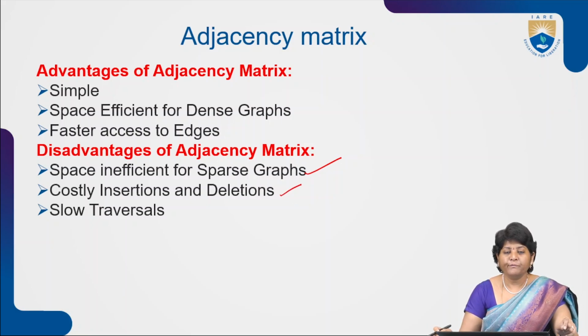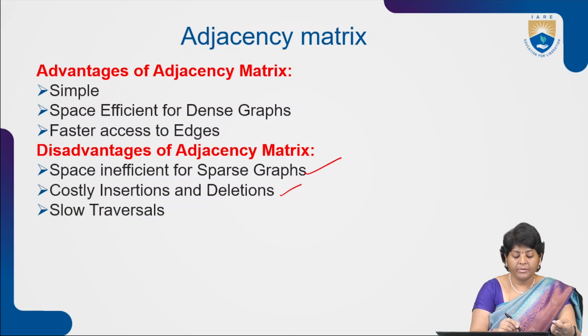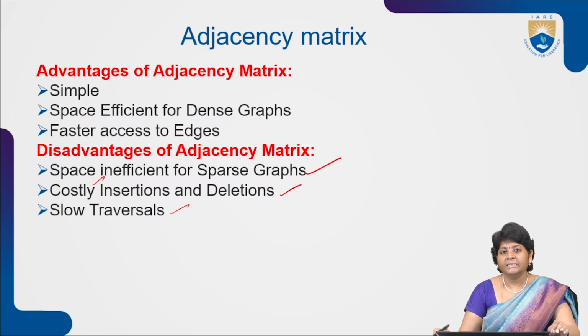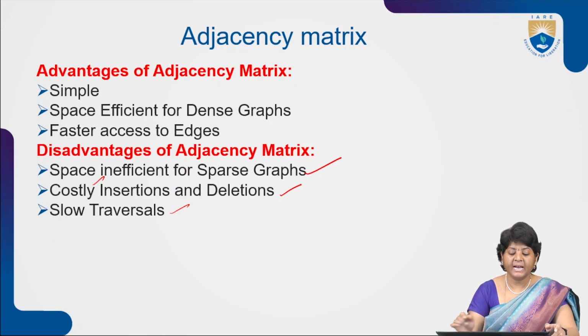Whenever we want to delete an edge or establish a connection, it will cost more. And slow traversal. Since we have more vertices, to traverse the entire graph it will take a lot of time. So these are the disadvantages and advantages of the adjacency matrix.